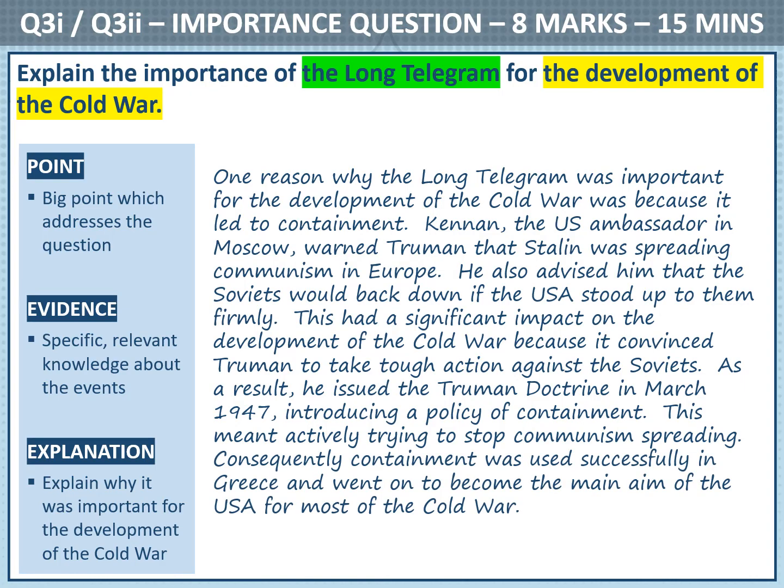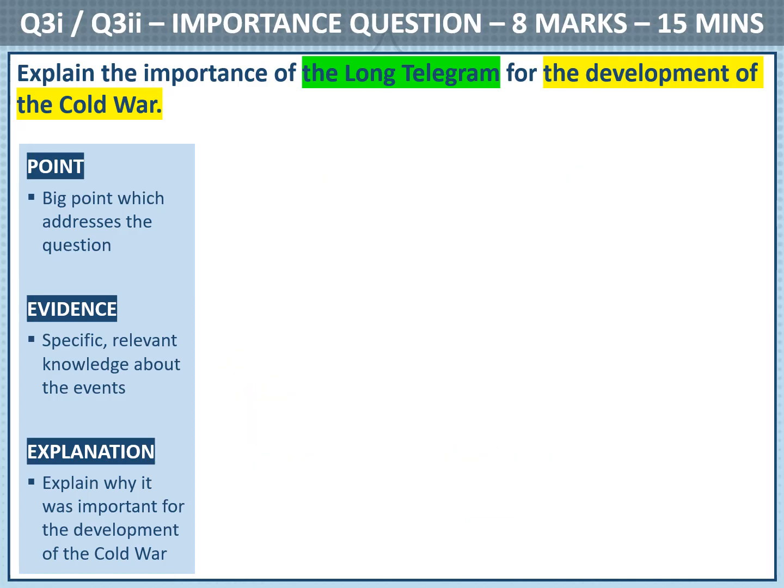And in fact, I'm going to take that through 3 steps, explaining how Truman issued the Truman Doctrine, began containment, and how this idea went on to become one of the main aims of the USA during the Cold War. So now I've got a lovely developed explanation. But I haven't got top marks yet because I need 2 of these paragraphs. So let's look at how that second paragraph might go.